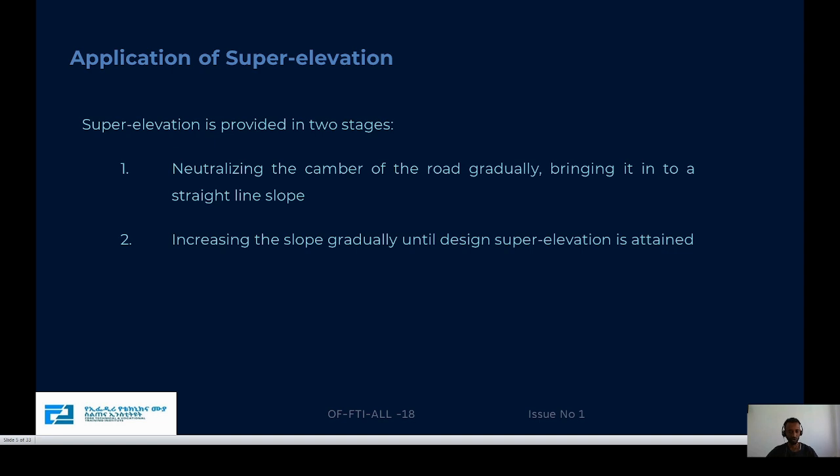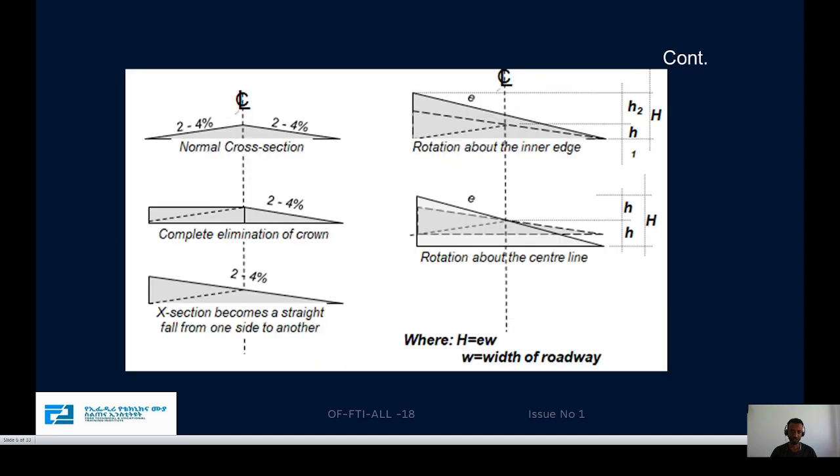Approaching the curves, the outer part will go to 0. From normal slope to 0 is the first stage, and the second stage is to slope gradually until the design super elevation, from normal or 0 slope to the maximum slope.